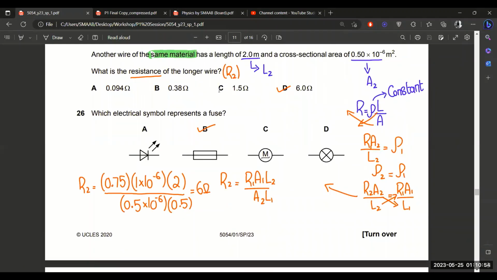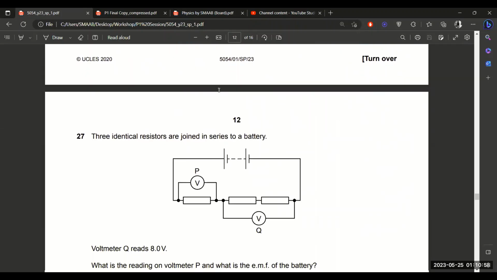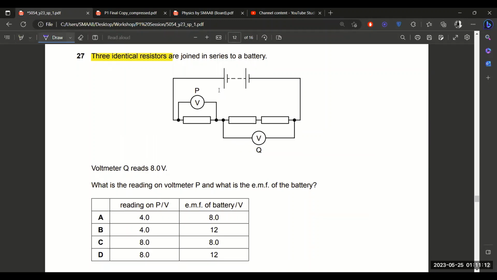Okay students, after doing question number 26, let's move towards question number 27. In question number 27, there is a circuit diagram in which it is mentioned that there are three identical resistors. It means the value of resistance is the same for each resistor.